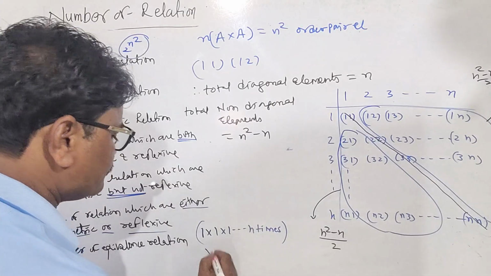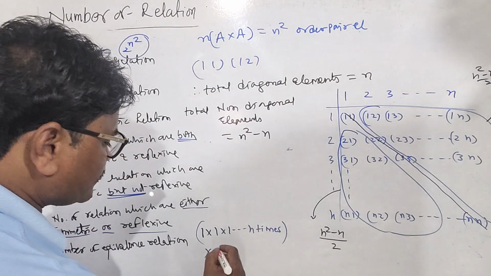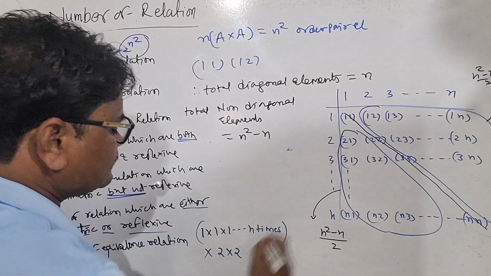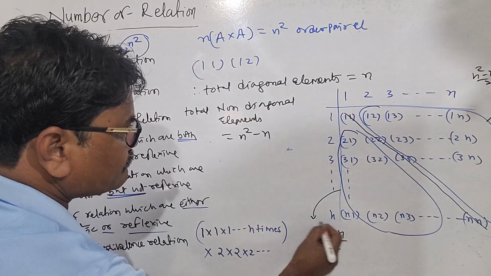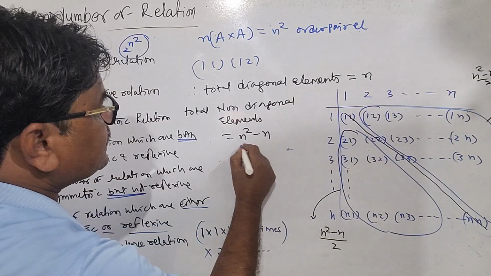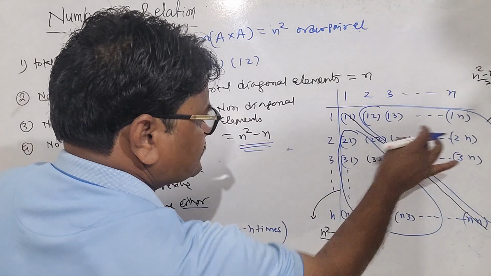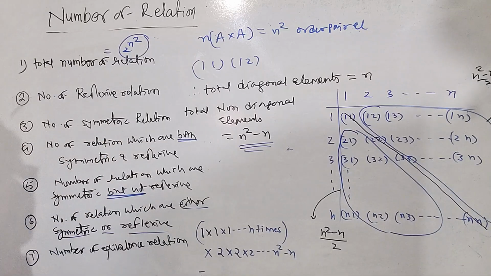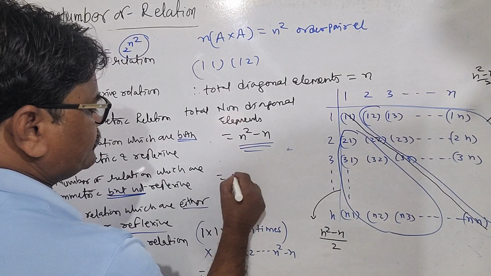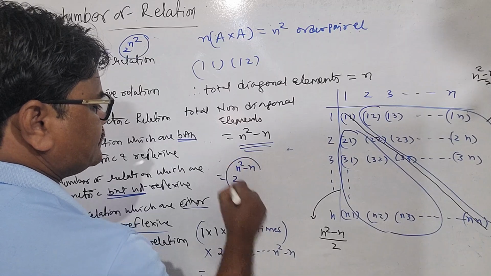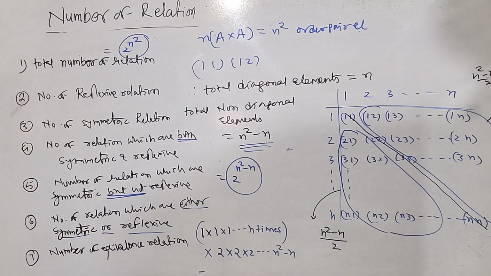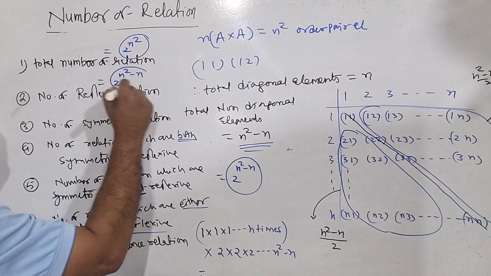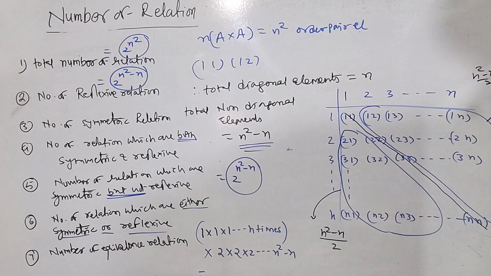So according to the principle of counting, this is 2 ways for 1 2, 2 ways for 1 3, and similarly 2 ways up to n square minus n times. All these plus these are n square minus n. So therefore the total number of reflexive relations you can find out is 2 to the power n square minus n. This becomes the formula for the total number of reflexive relations. What is the formula? 2 to the power n square minus n. So you have to remember this 2 to the power n square minus n as a formula.